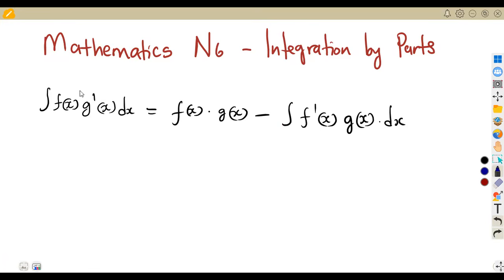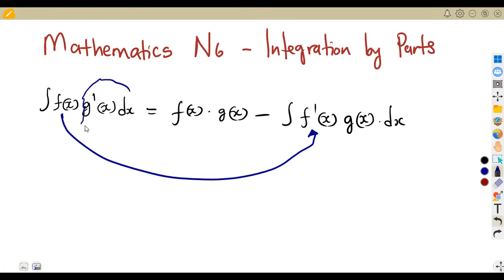So what are we saying here? This is a function of x that can be differentiated to give us f prime.